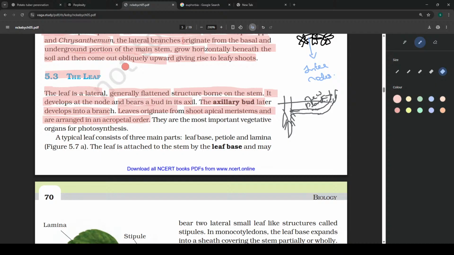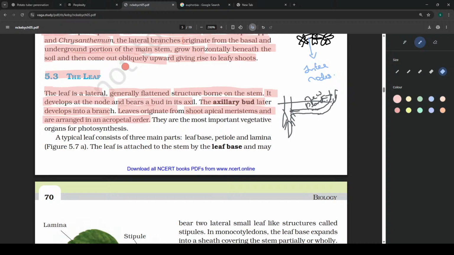Okay, the leaf is a lateral, generally flattened structure. There is a basic definition of a leaf. We all know about leaves, but a basic general definition is the leaf is a lateral, generally flattened structure born on the stem. We know the leaves are flat. It's a structure that is seen on the stem. It develops at the node and bears a bud in its axil.